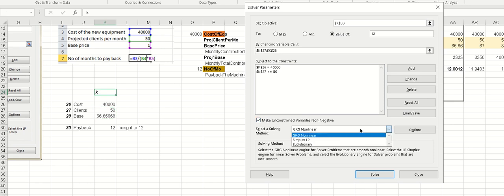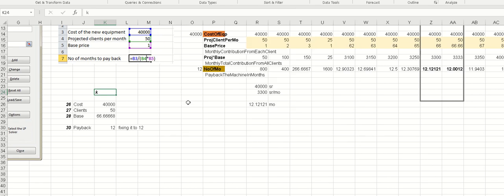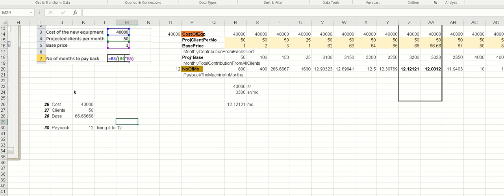And in terms of the solving method, it's GRG Nonlinear. So when you run this, the answer is 50 and 66, which is my trial and error approach. So 50, 66, and 50, 66.6, and this is 50.67. You get it? So I hope this is clear, and I hope this matches, that you can see this particular connection.